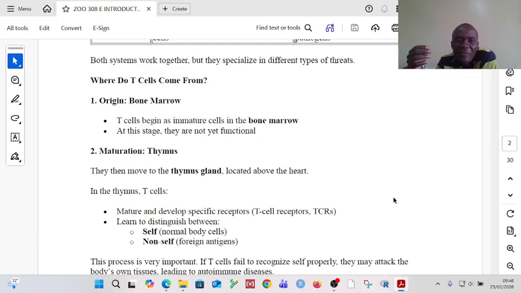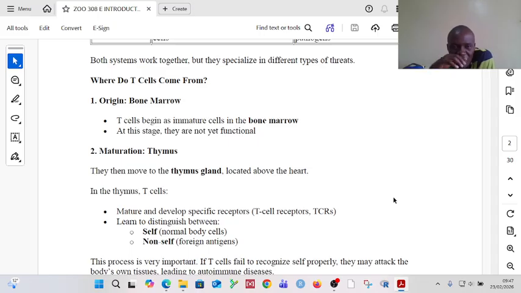Okay? So their process of maturing happens in the thymus gland. The thymus gland is located just above the heart. Okay, so while in the thymus, these T cells, which were produced in the bone marrow, okay, they move to the thymus gland, then they begin to mature.